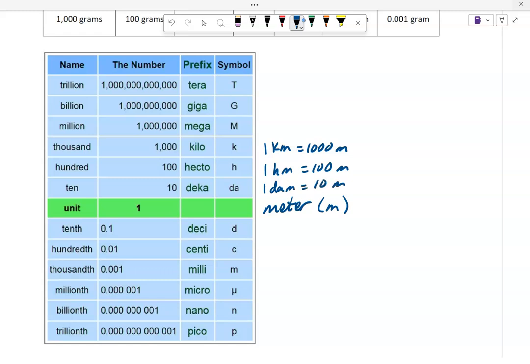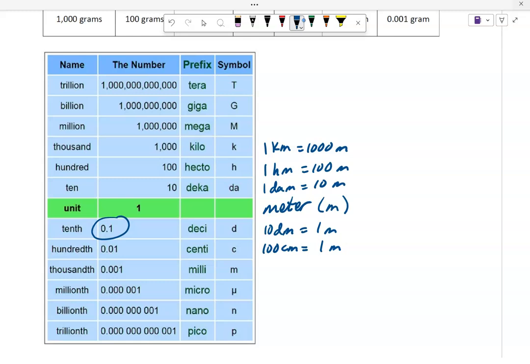One decimeter, so it takes 10 of those. It's a tenth of a meter. See the 0.1? 10 decimeters equals 1 meter. Centi means 1/100th. So it takes 100 centimeters to be 1 meter, and so on.